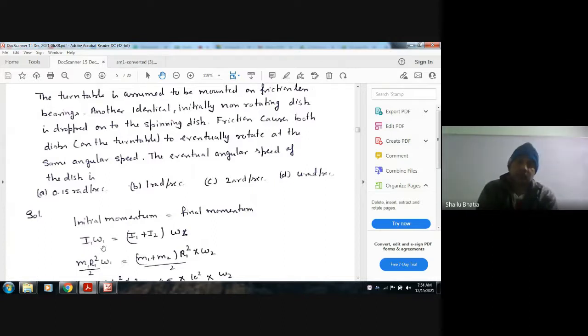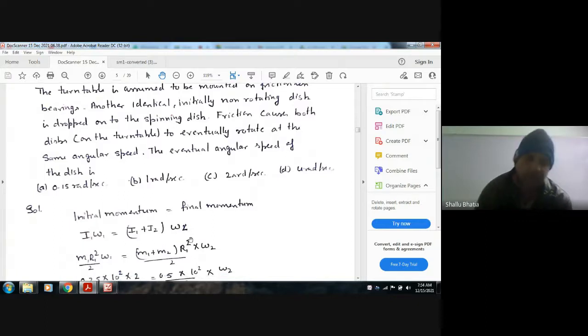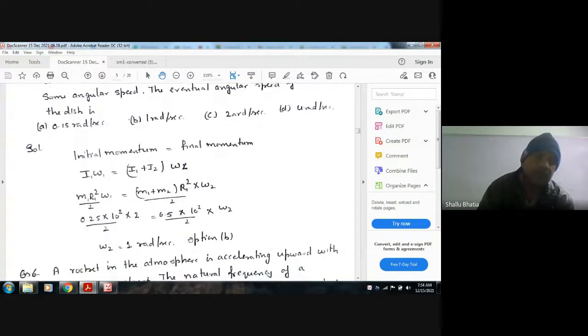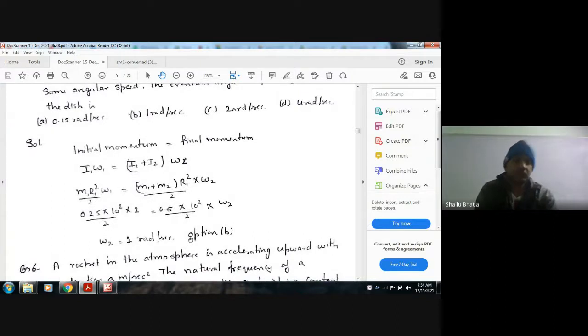Finally both start rotating, and suppose the angular velocity is omega 2, then the final momentum is (I1 plus I2) into omega 2. I1 is equal to m r1 square by 2, and for the second it is m2 r1 square by 2 because both have the same radius. So m1 r1 square omega 1 by 2 equals (m1 plus m2) r1 square by 2 into omega 2.